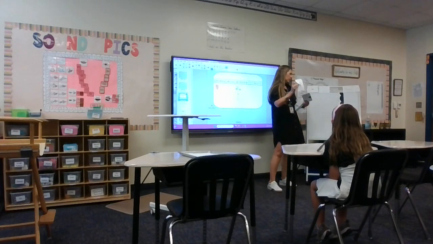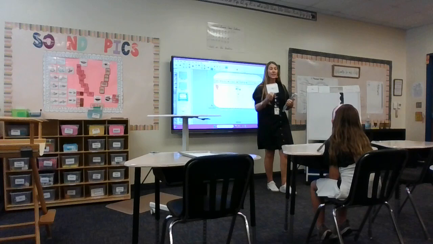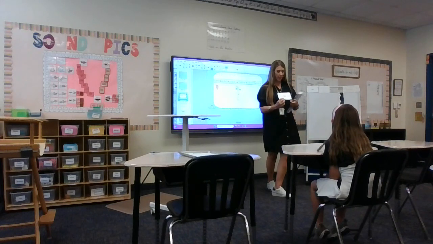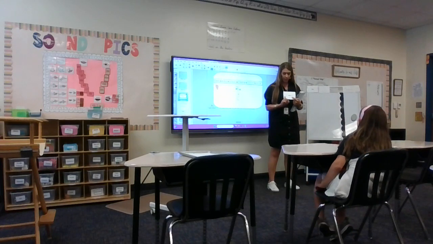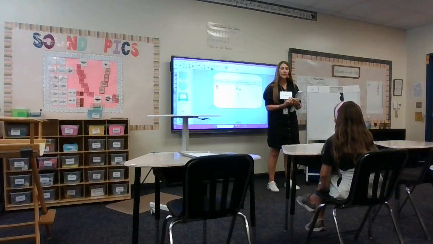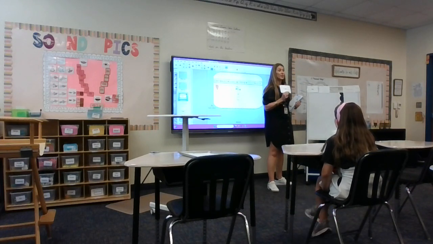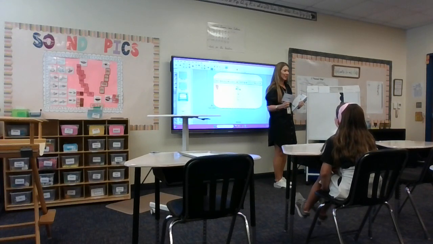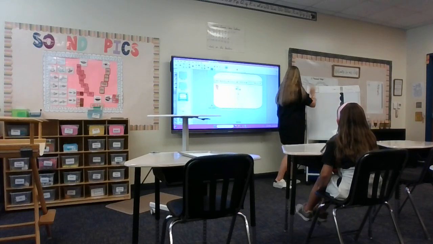A base word plus an affix is called a derivative, okay? So we have a prefix attached to the base word or a base word with a suffix, and it's called a derivative. Good.